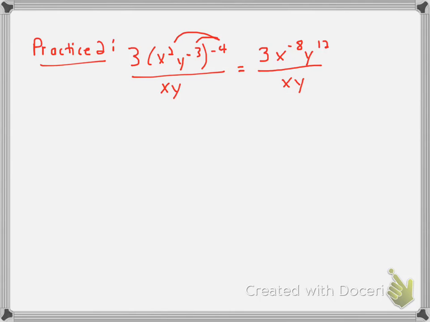So the number out in front just stays. We're not going to distribute that to the x and the y, because there's no plus or minus in between. If there was a plus or minus in between, yes, then you could distribute the 3 next. Okay, so where do we go from here?